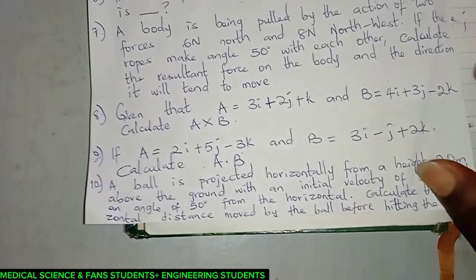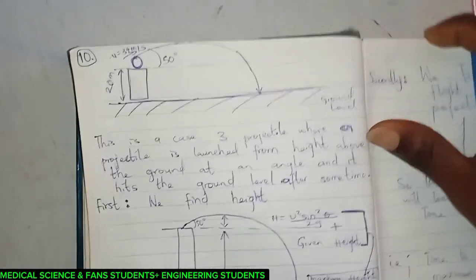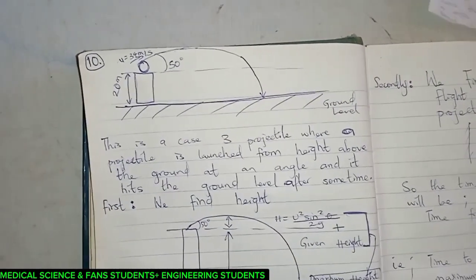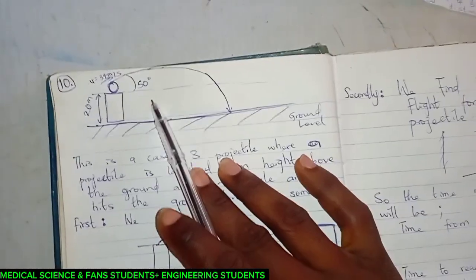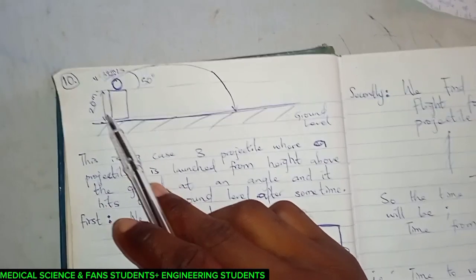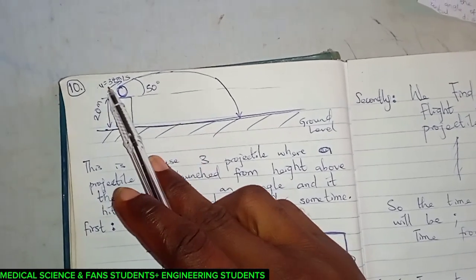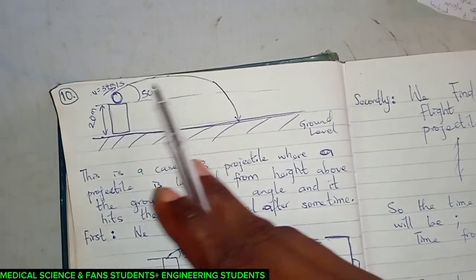So to do this, all we just need to do is to say, let's draft it. They said a ball is projected horizontally from a height at an angle which is 50 degrees with initial velocity. You see it?